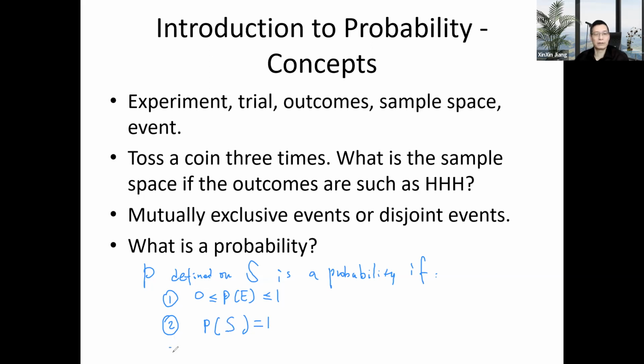The third one, the probability of E union with F is the sum of the probabilities. But that's actually not true in general. So there's a big if here. If E and F are mutually exclusive. All right. We will introduce a more general rule, which is called a union rule or addition rule.